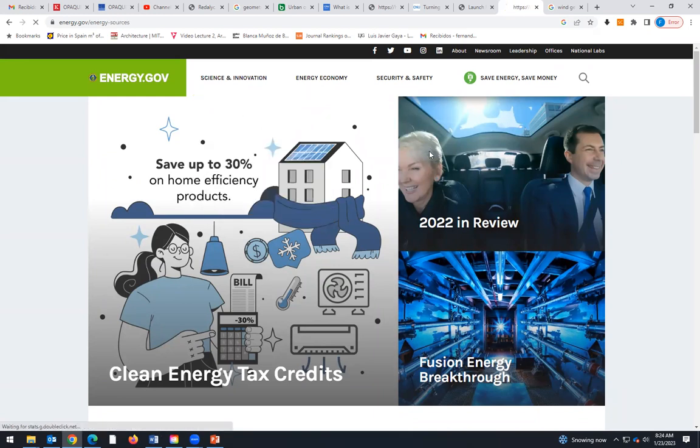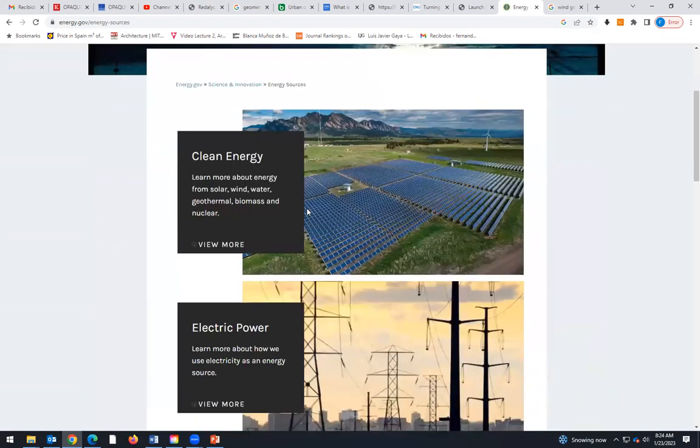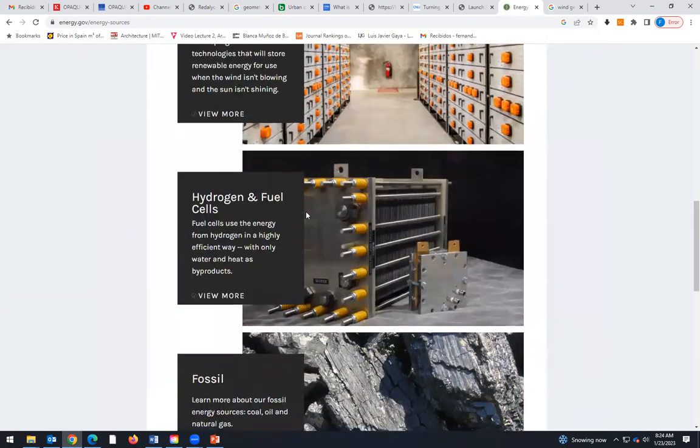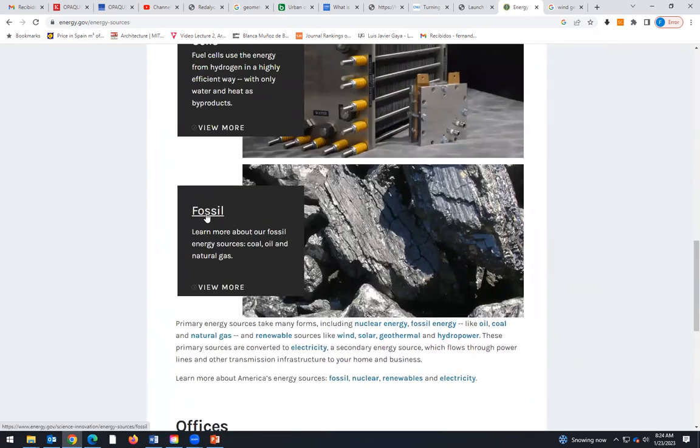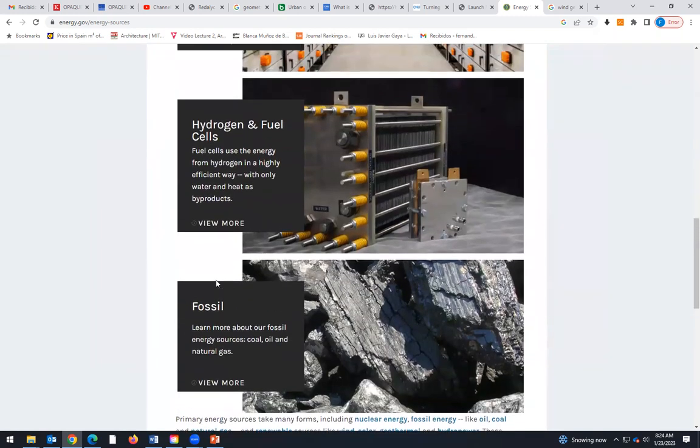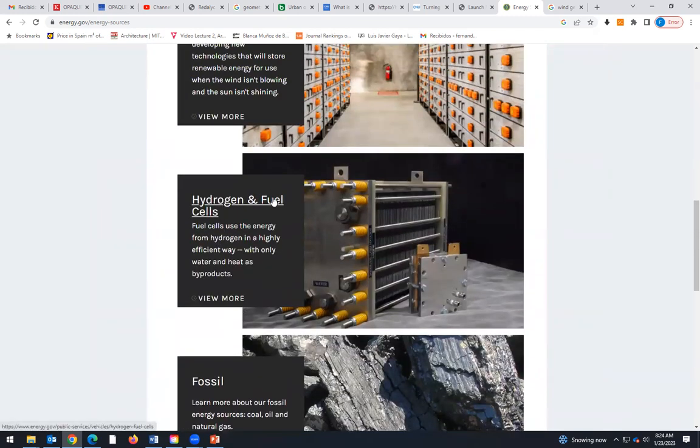So let's look at energy sources. First we have fossil fuels: coal, oil, and natural gas. Then we have hydrogen and fuel cells.